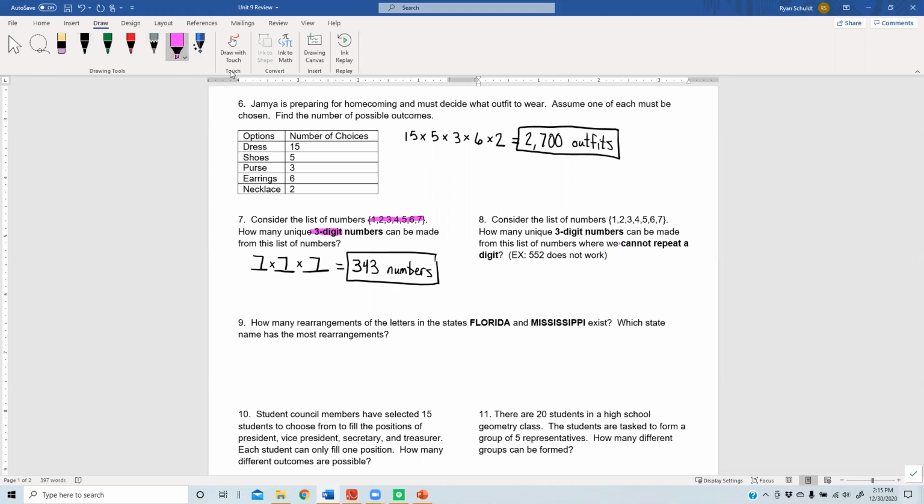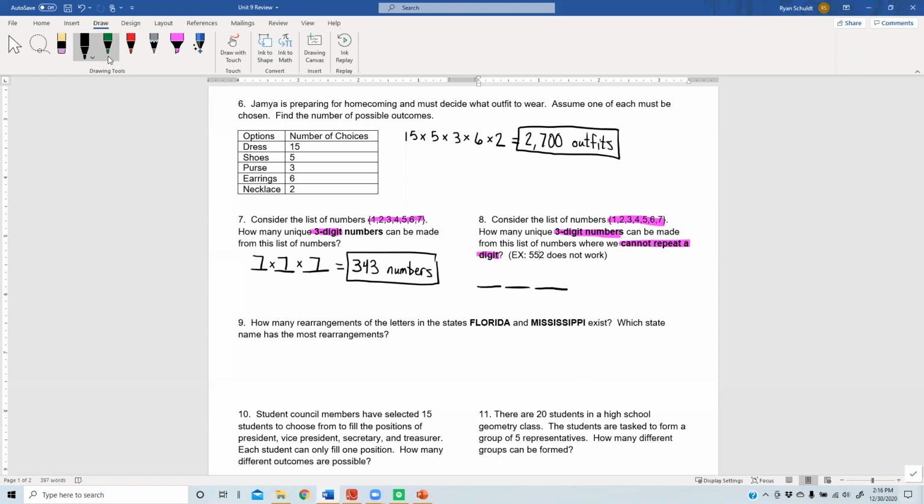So notice, we cannot repeat a digit. Still dealing though with 3 digits and the same number of options. So let's do 3 blanks here. 1, 2, 3.